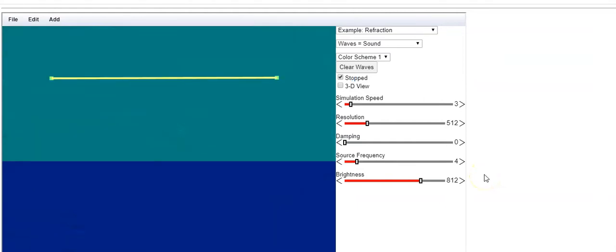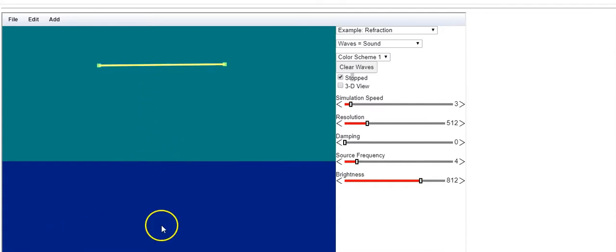I'm now going to turn the yellow bar to make it parallel to the boundary so that the waves come out and they hit the boundary at 90 degrees. Let's take a look at what that's going to look like. I'm going to start the simulation. I'm going to watch the wave flow and travel from its source towards this boundary. We're going to observe something very unique about this wave.